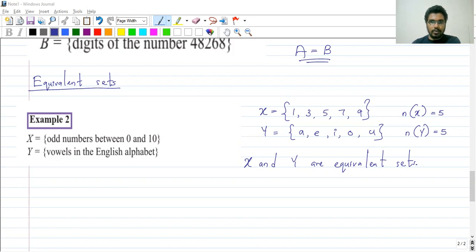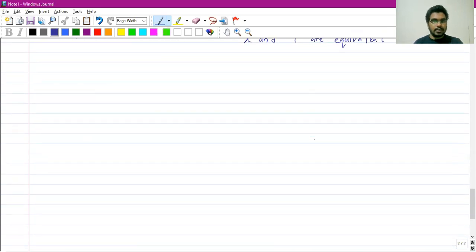So we have to now discuss the universal set and the subsets. First of all, shall we write what are subsets? So shall we write a topic, subsets?